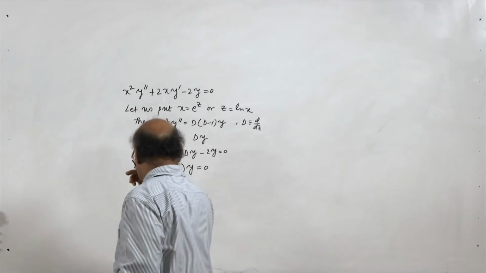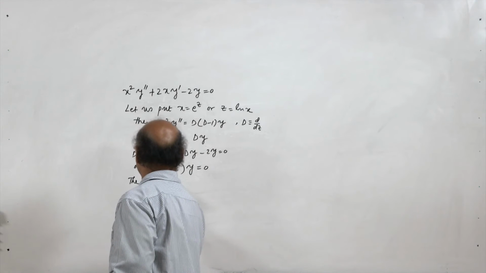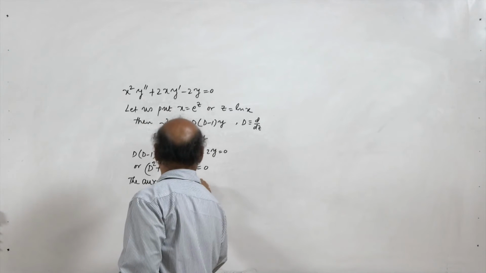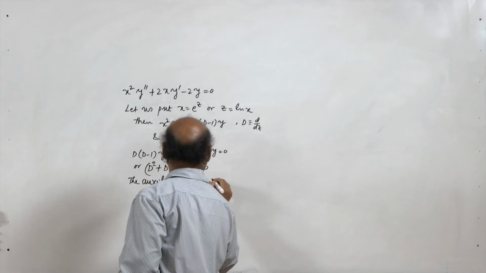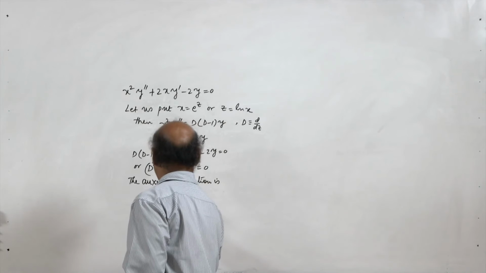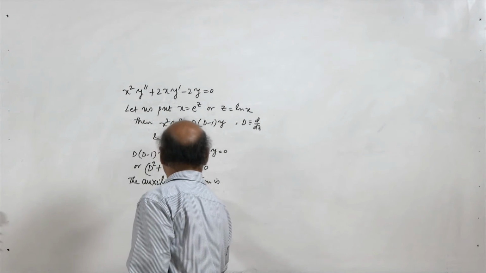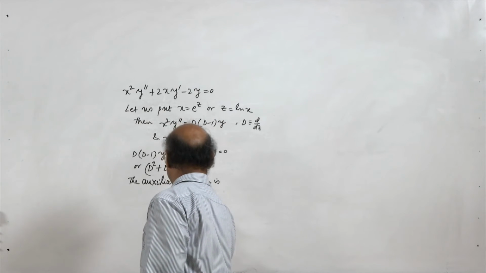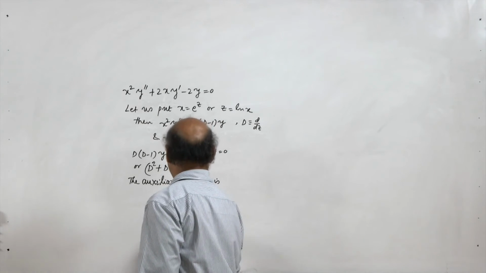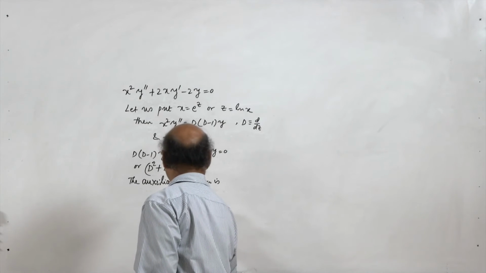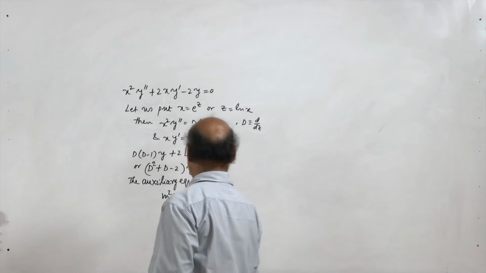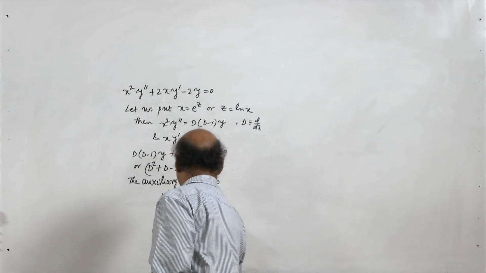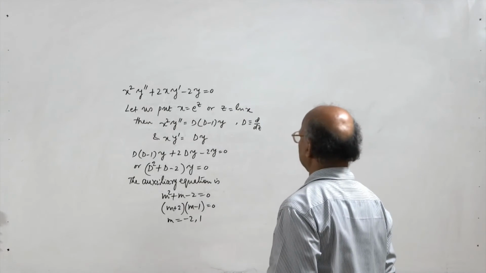So to find the solution of this, we write the auxiliary equation: m square plus m minus 2 equal to 0, and the factors of this equation are (m plus 2) into (m minus 1) equal to 0.